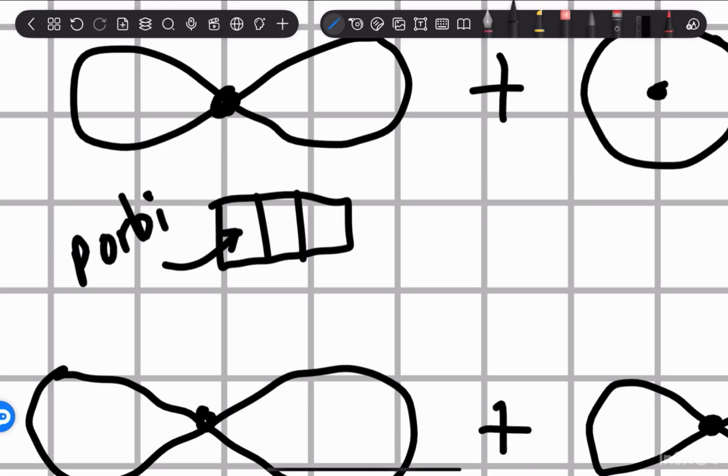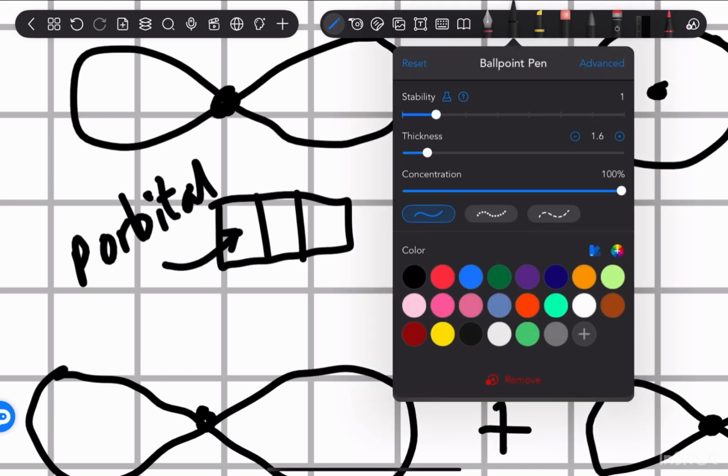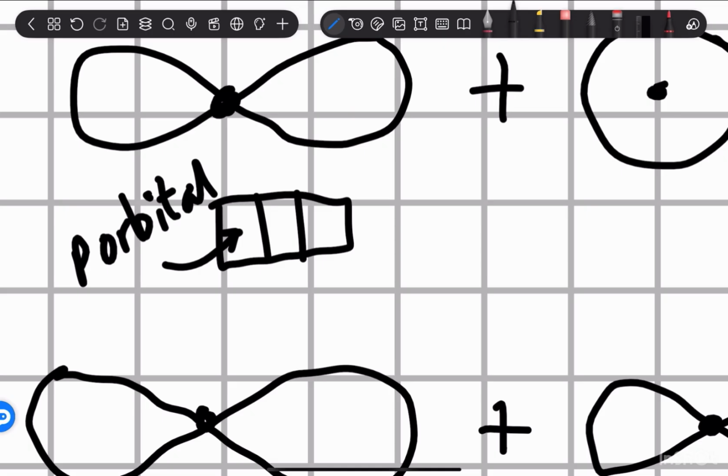When we were drawing these p orbitals, we usually drew this axis. So assuming this is the x and this is the y, and okay, let's not make that y, let's make that z, and then this is our y. You'll see why it's a 3D diagram soon.